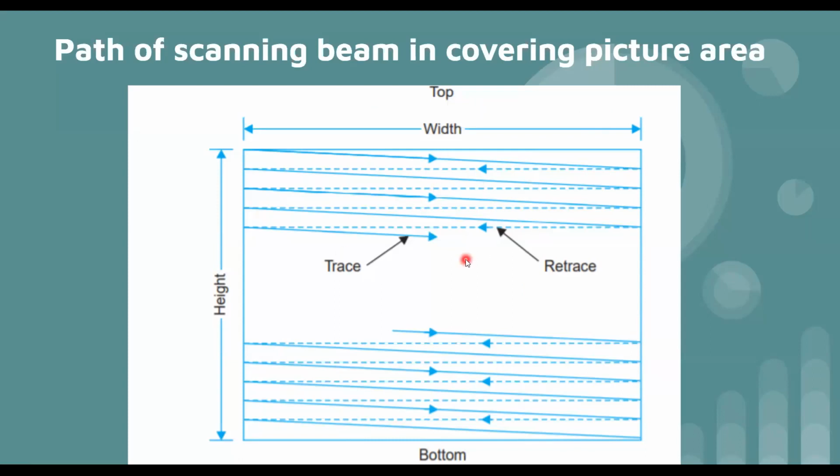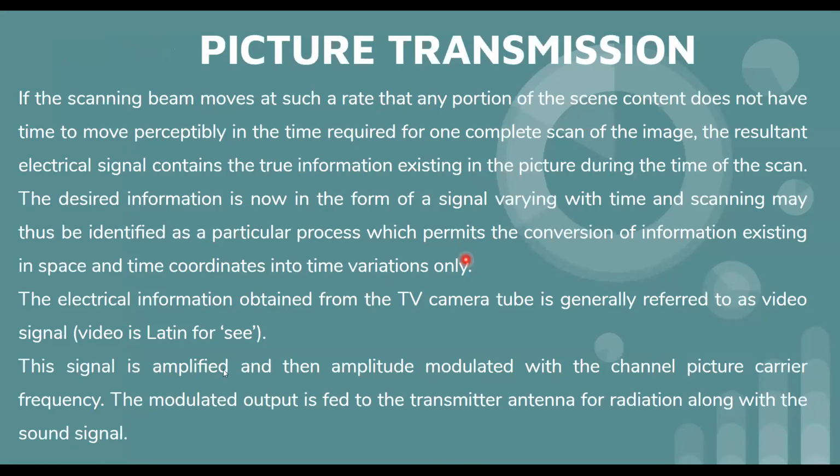Very important here: the time variations are very, very important. The electrical information obtained from the TV camera is generally referred to as the video signal.